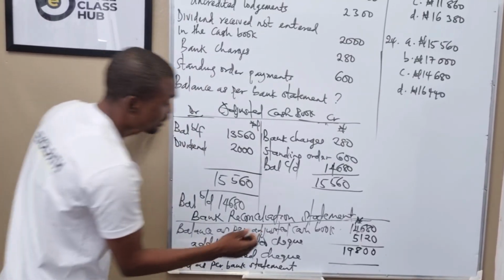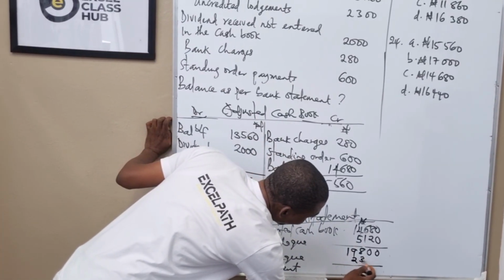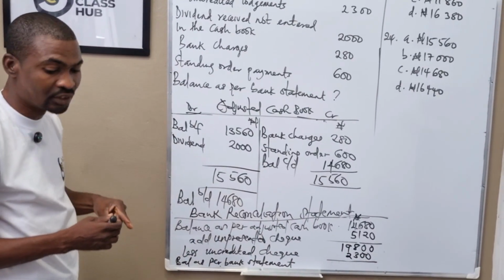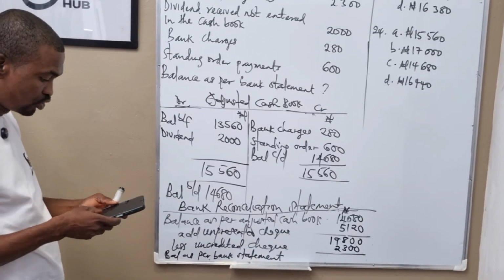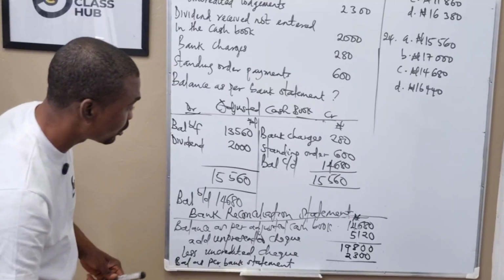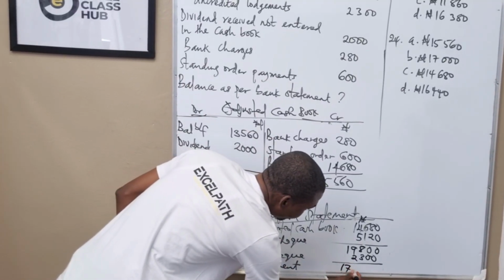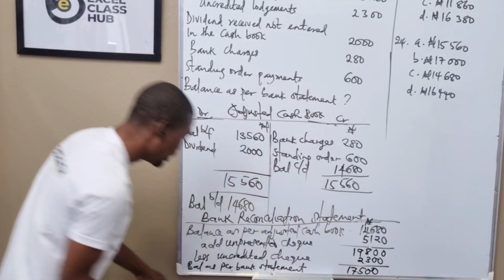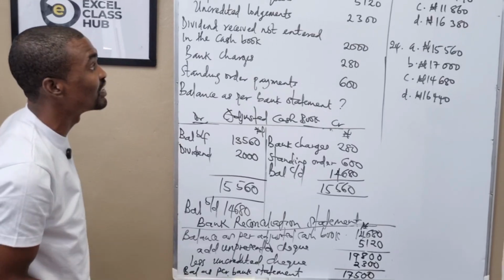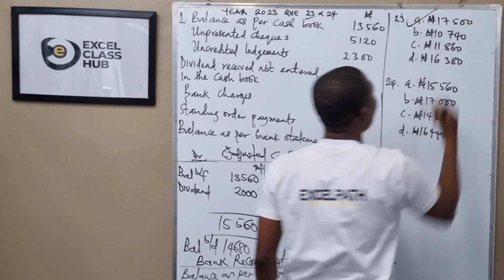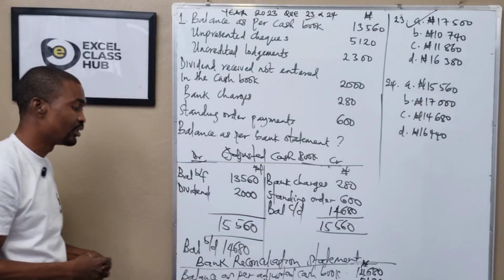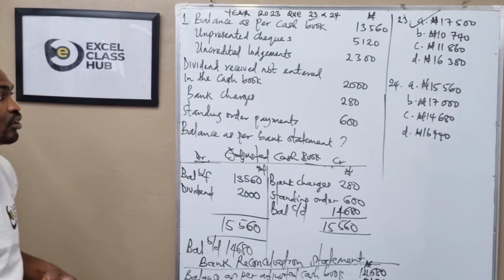What's our uncredited check? Our uncredited check is 2,300. So 19,800 minus 2,300 will give us 17,500. So this is the balance as per bank statement. Let's look at the options. Our answer is going to be Option A, 17,500.